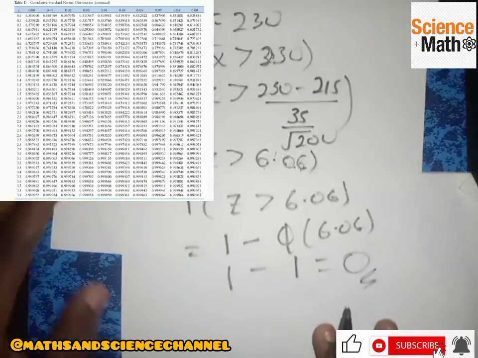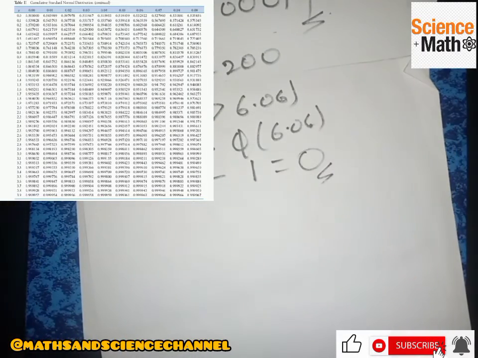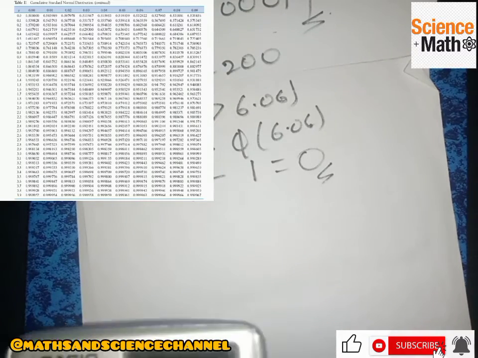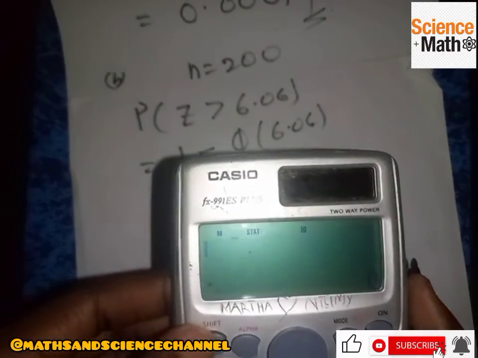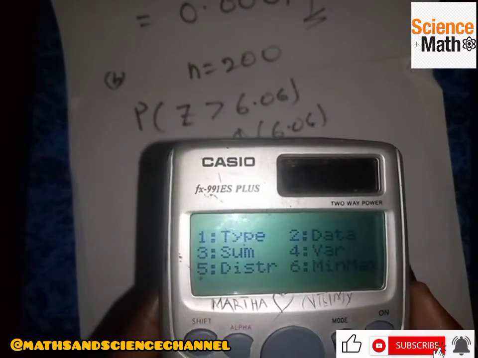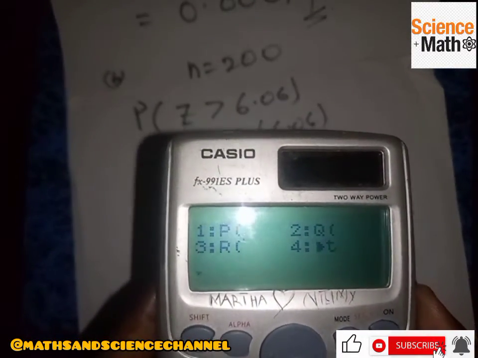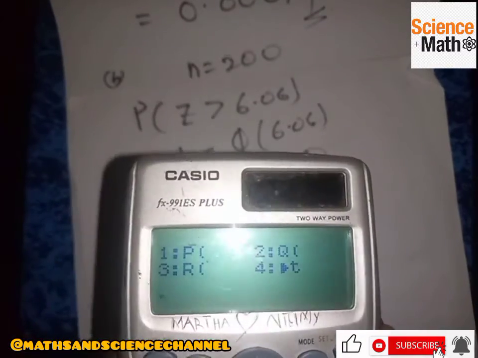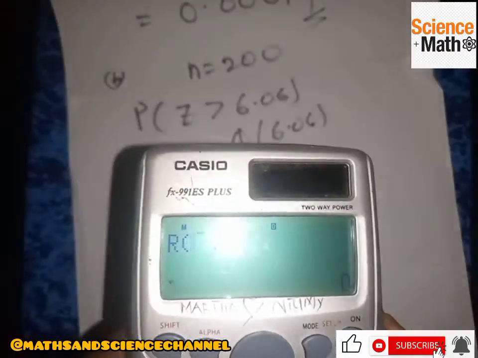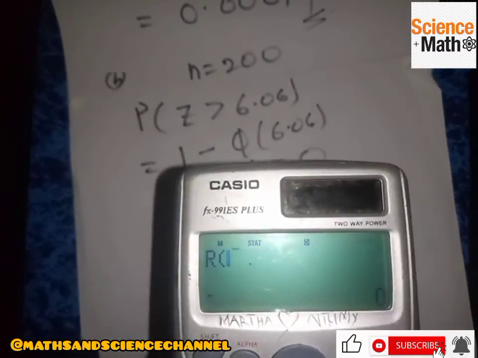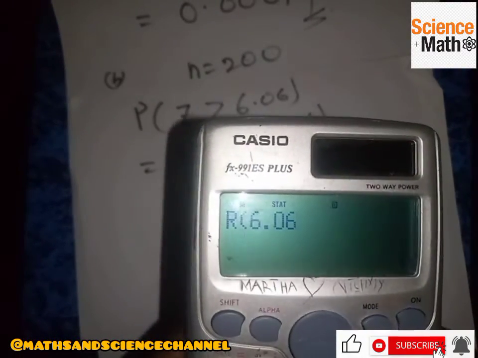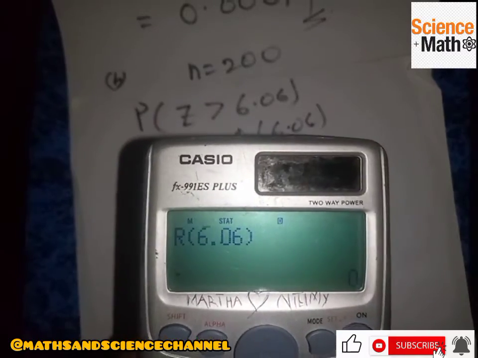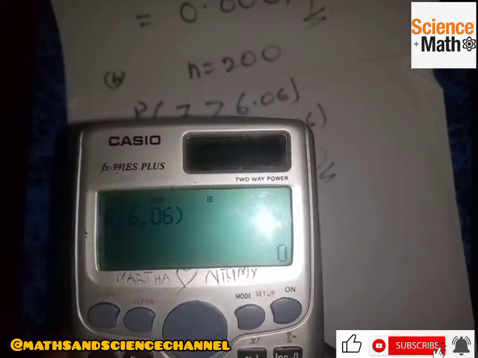Now, how are we sure this is the right thing? Okay, so let's use the calculator and see what we are going to get. So from here we have the stat, and then we go to 5, and then we use R because z is greater than the value, so we use R. So we go to R, and then we add 6.06 here, and then we realize that it will be equal to 0 basically.